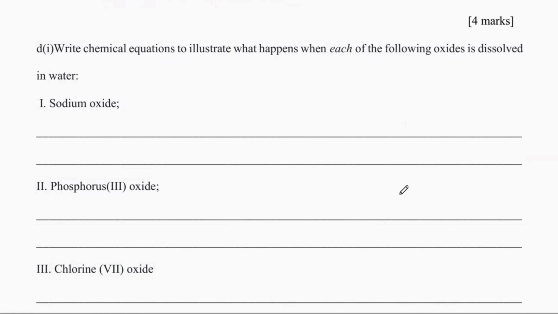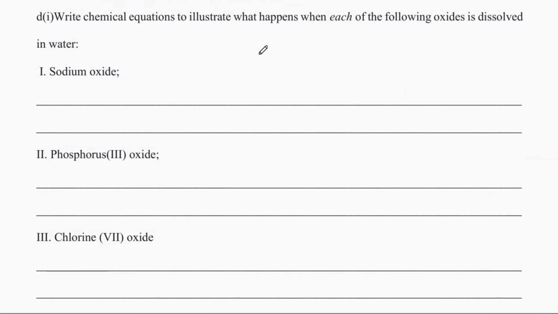Now the next question says, write the chemical equations to illustrate what happens when each of the following oxides is dissolved in water. The first one is sodium oxide. Write down our sodium and then our oxygen.